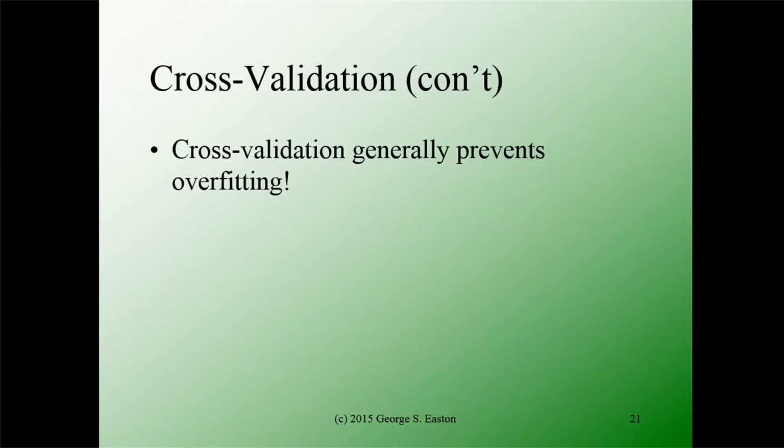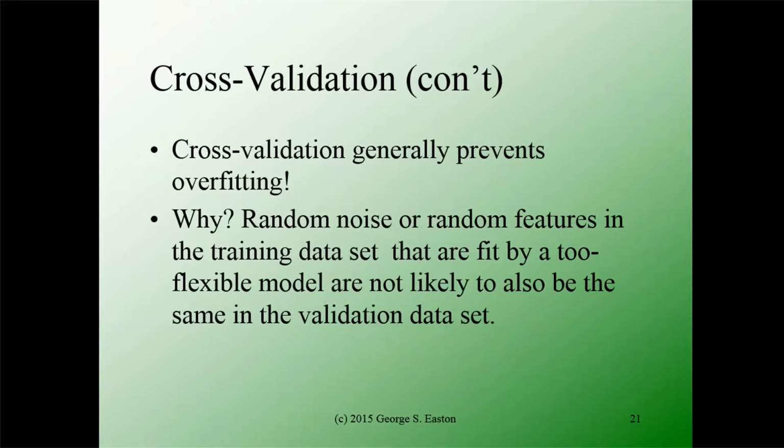Now, the real power of cross-validation is that cross-validation generally prevents overfitting the data. Why does that happen? Well, the random noise or random features that end up in the training data set that are fit by a too flexible model are not likely to also be occurring in the validation set.